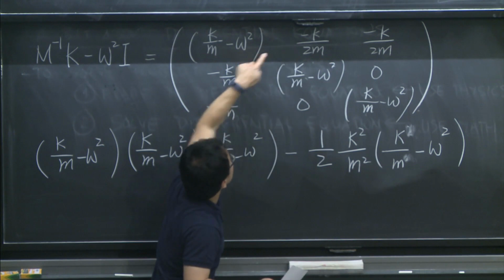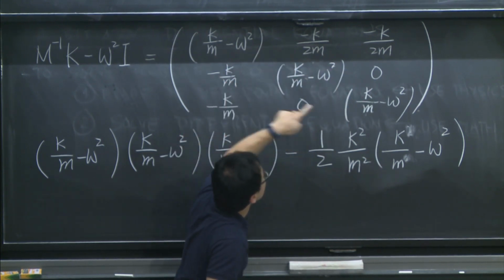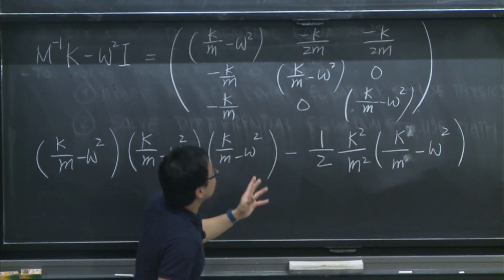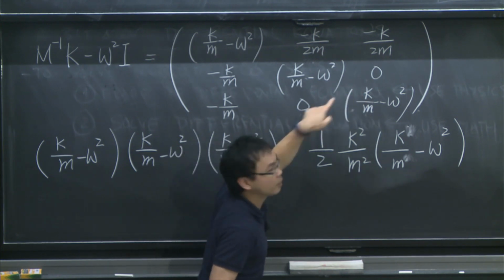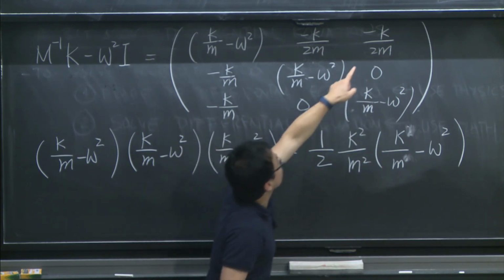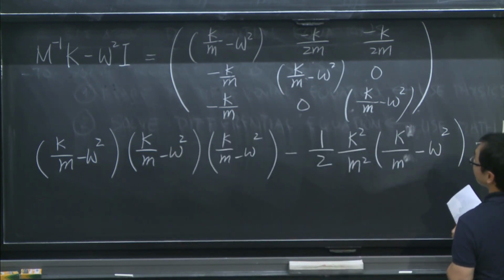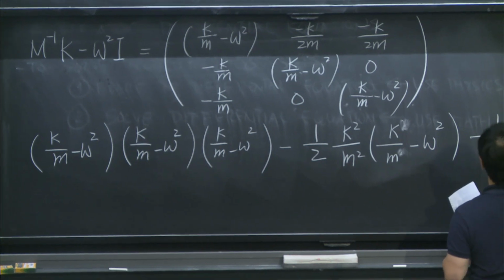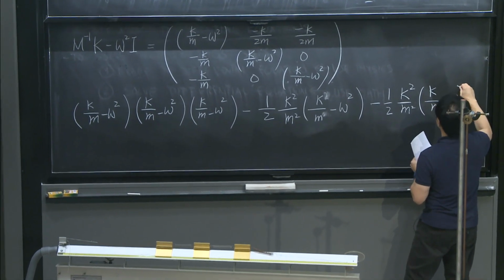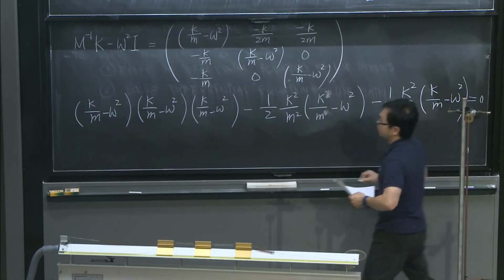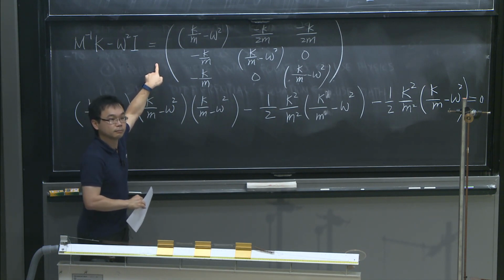Okay, that is this off-diagonal term. This times that gives you the second term, and the third one which survives because of those zeros, right? Many terms are equal to 0, and the third term which is not 0 is again minus 1/2 k squared over n squared, k over n minus omega squared. And this is equal to 0 because the determinant of this matrix is equal to 0, okay?